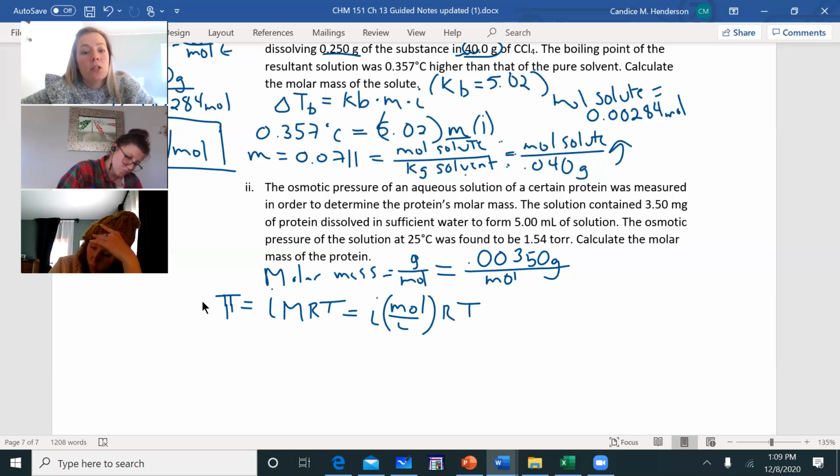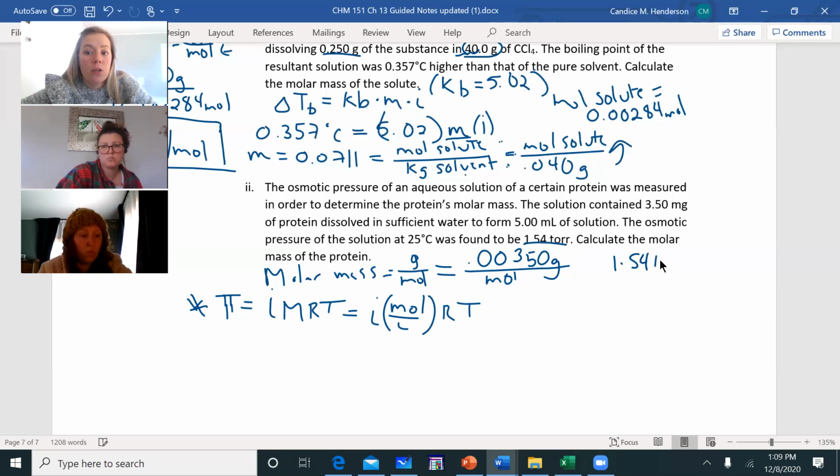Now with this equation, because we're using that R value, we are constrained on what the units can be. So if you notice, our osmotic pressure is given to us in torr. It says 1.54 torr. I need to be in ATMs, so let's convert that. 1 ATM is equivalent to 760 torr.